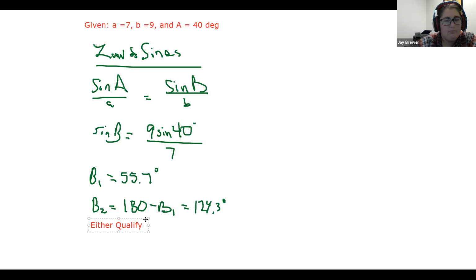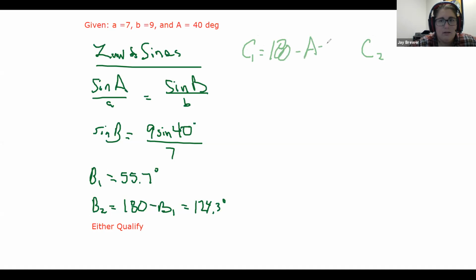Okay, so that means if you add B1 to 40 degrees, or if you add B2 to 40 degrees, you're still going to end up with viable options, okay? So that just means that we now have to find C1 and C2. So C1 is going to be 180 degrees minus A, and then minus B1.